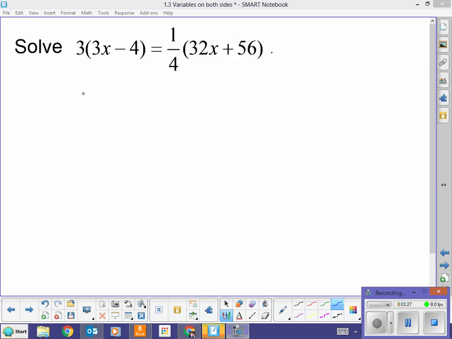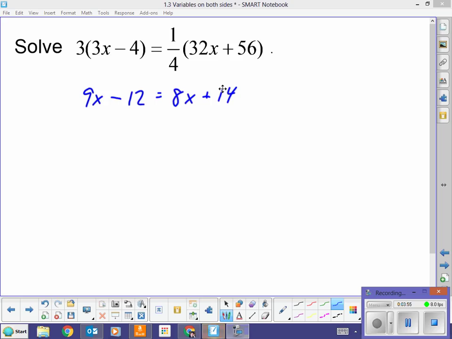So 3 times 3x is 9x, minus 3 times 4 is 12. Now 1/4 times 32, that's really the same thing as dividing by 4, right? So it's 32 divided by 4, so I have 8x. And then 56 divided by 4 is 14.